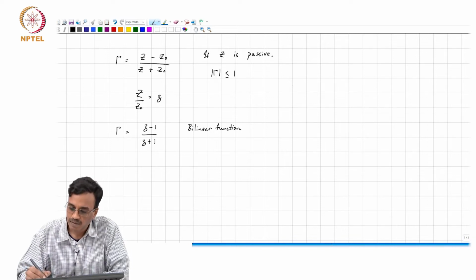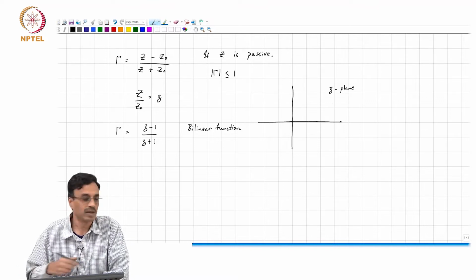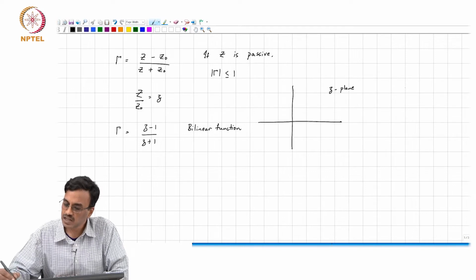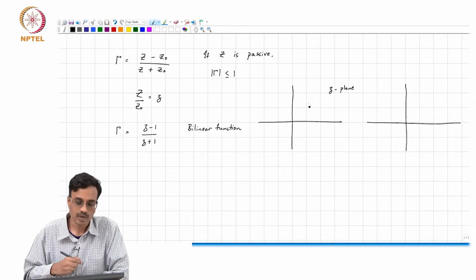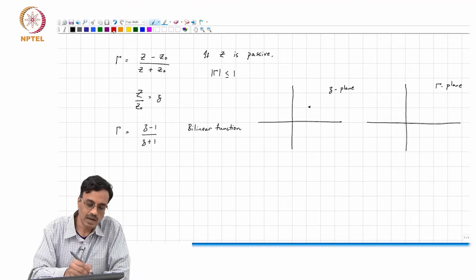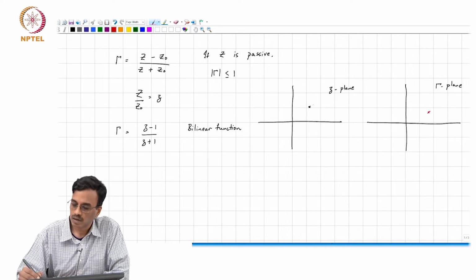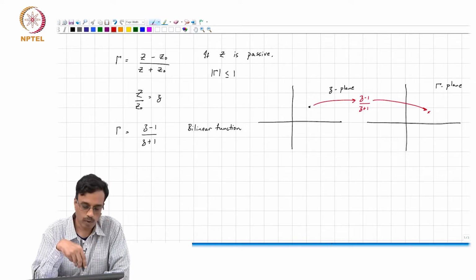Now, if you have the z plane, where you have the real part of z on the x axis and the imaginary part of z on the y axis, for each point in the z plane, you can think of this as the gamma plane, you will have a point in the gamma plane, because you simply plug the small z into this formula and you will get another complex number.